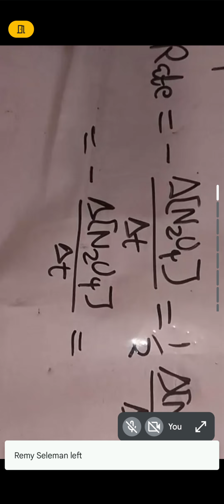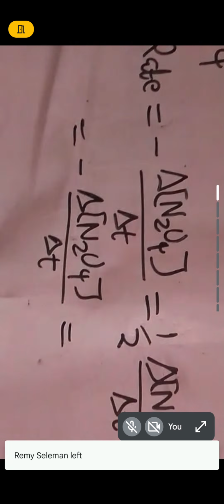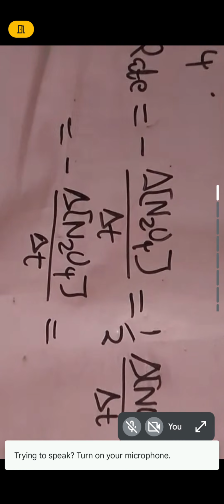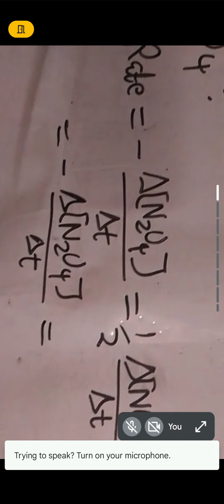our delta T, and we know the time is in seconds, so we can simply write S here.